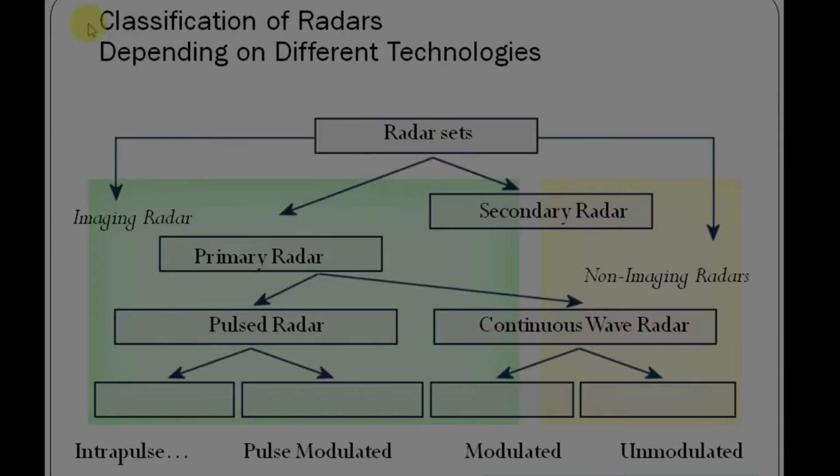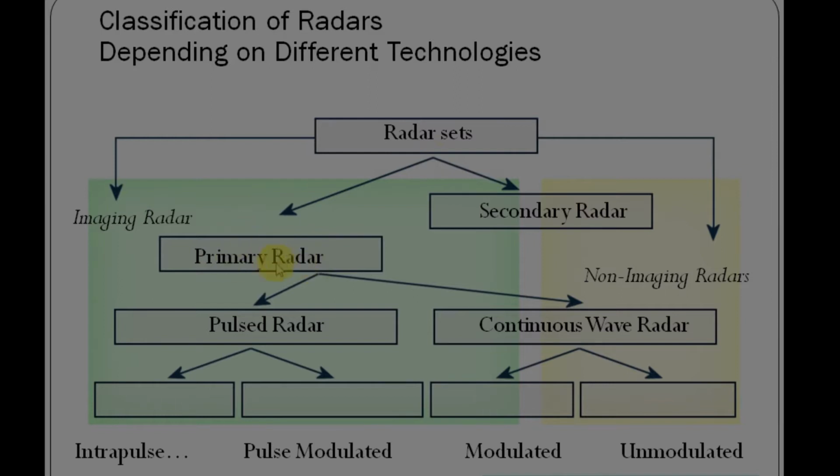If we see the classification of radar, it is mainly classified into two parts. One is imaging radar, second is non-imaging radar. Imaging radar means the radar where you can plot the echo signal and see the history of that target on the screen. In imaging, there are primary radar and secondary radar.